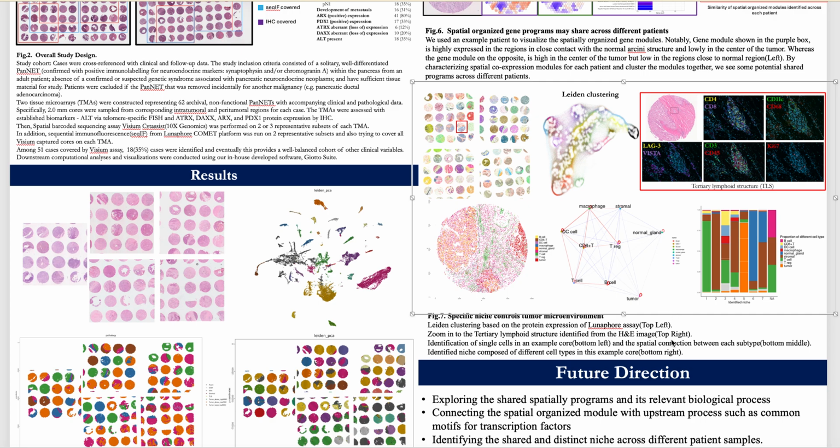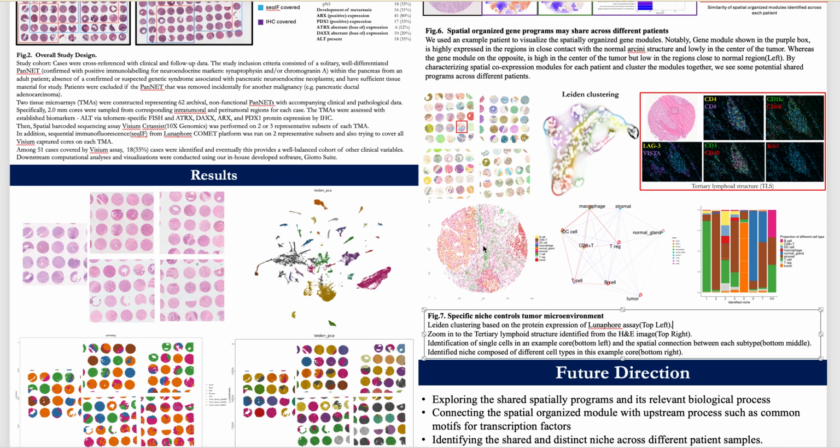We then looked into the Lunaphore data, which is a different modality, including the protein data. We first ran unbiased latent clustering, which is shown here. Notably, we also see this tertiary lymphoid structure here. This is a tertiary lymphoid structure confirmed by the pathologist, and this is the protein marker expression within this region.